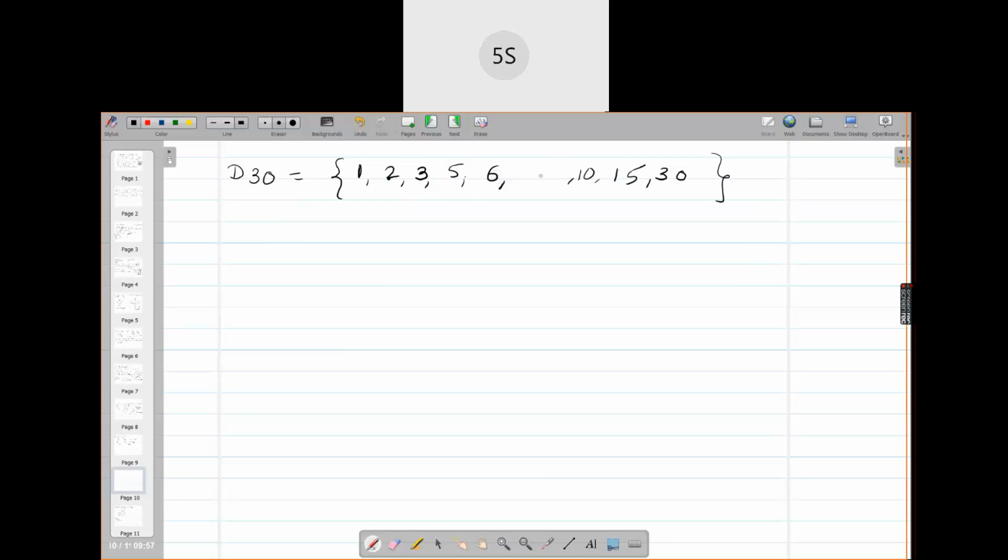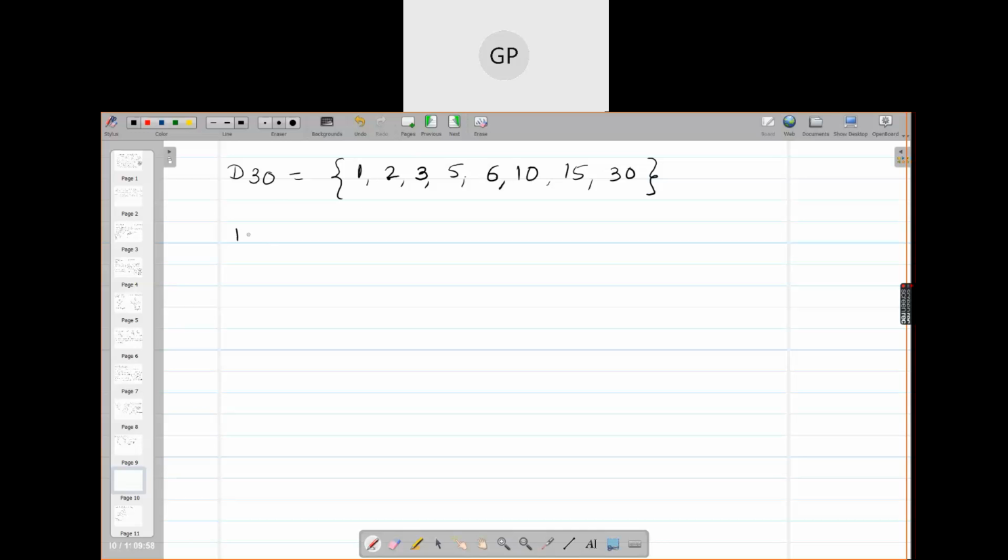Is anything else remaining? No. So I will write it systematically. Because these are small numbers, you can collect them easily. But when you have a very big number, you can follow this trick. So now there are 8 elements.